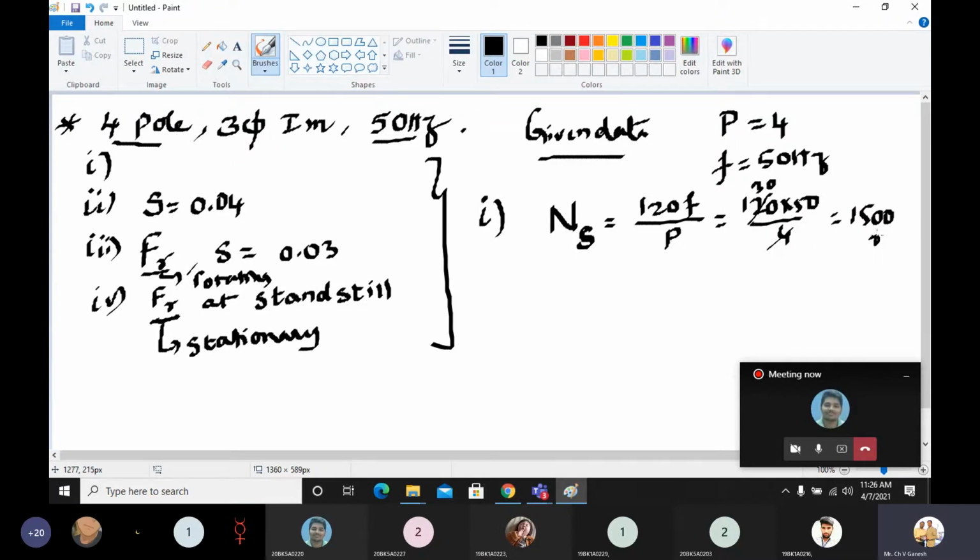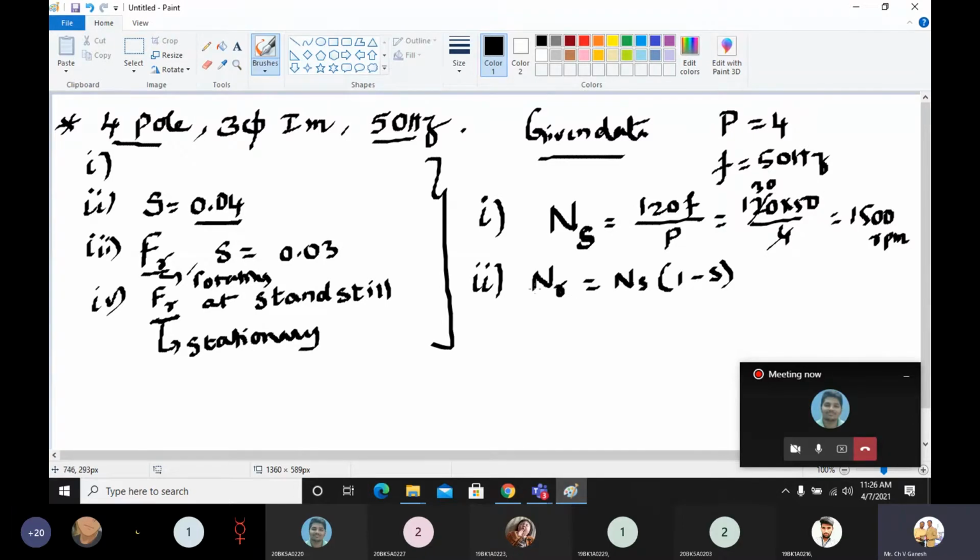1500 rpm, revolutions per minute. Now come to the second one. I need to find the rotor speed when the slip is 0.04. The formula is Nr = Ns into 1 minus s.